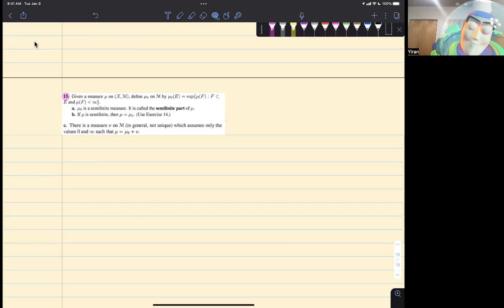Then we have there exists a specific subset Fj that is a subset of Ej, and the measure of Fj is smaller than infinity, such that the supremum, which is mu_0(Ej), is smaller than the measure of Fj plus epsilon times 2 to the power of negative j.